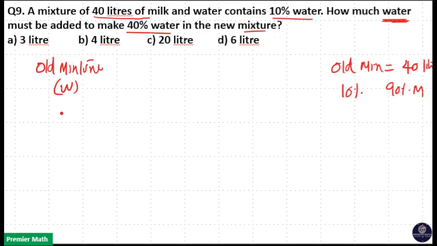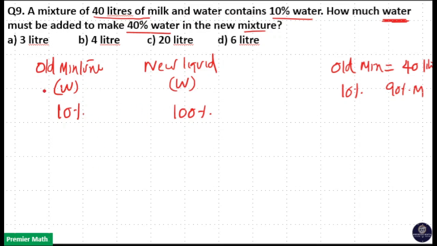So the old mixture's water percentage is 10%, and the new liquid added is pure water, so it contains 100% water.